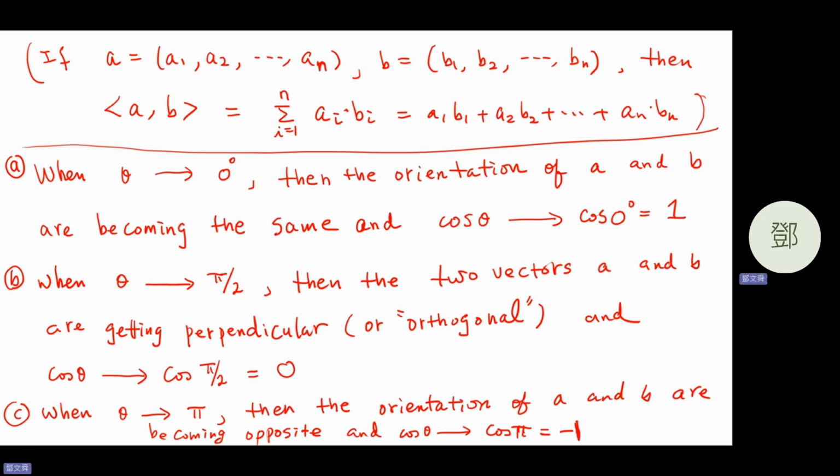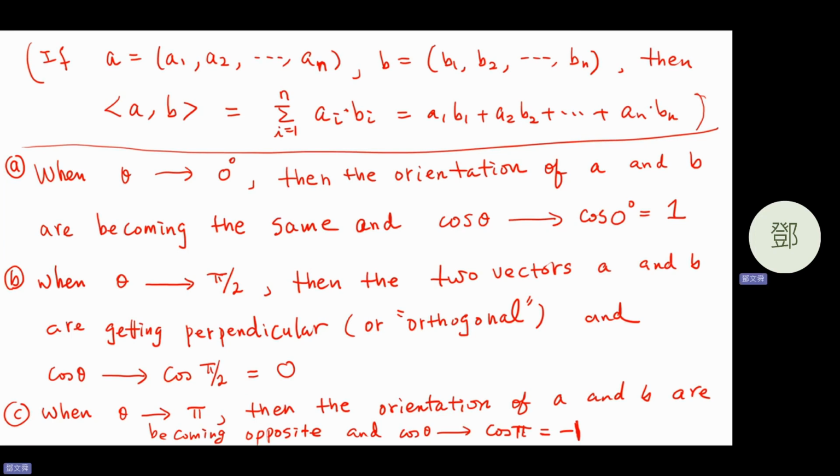This is A and this is B. Their orientation means direction. They are pointing in the same direction, right?